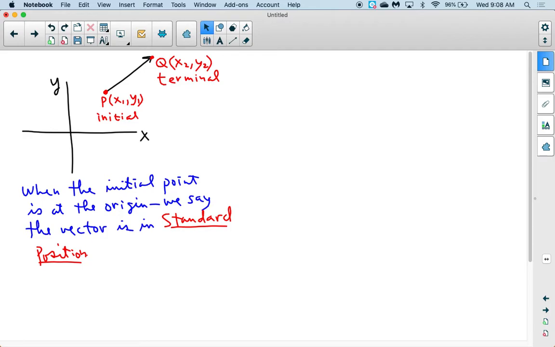So how would we find length and direction, or magnitude and direction? How would I find the magnitude of the vector? Well, magnitude is the length of this vector, and if you think about it, this would just be the distance formula. Remember the distance formula from Algebra 2 or Algebra 1 or geometry or something.